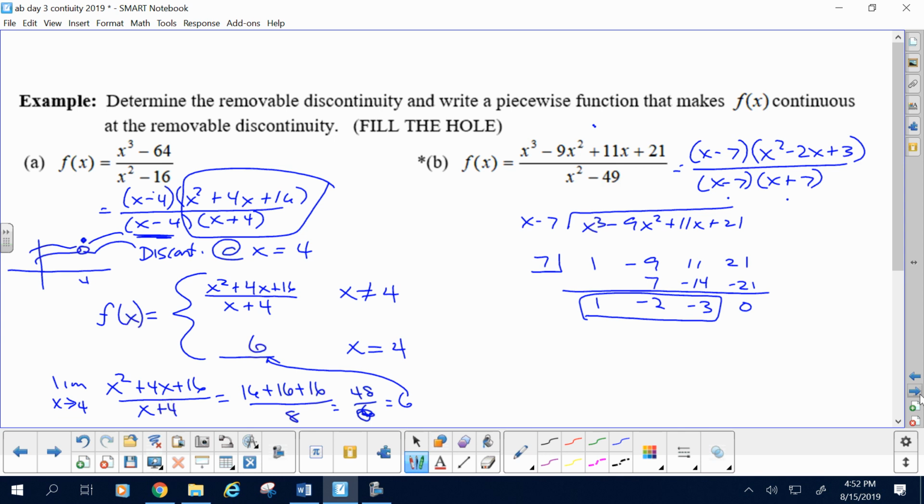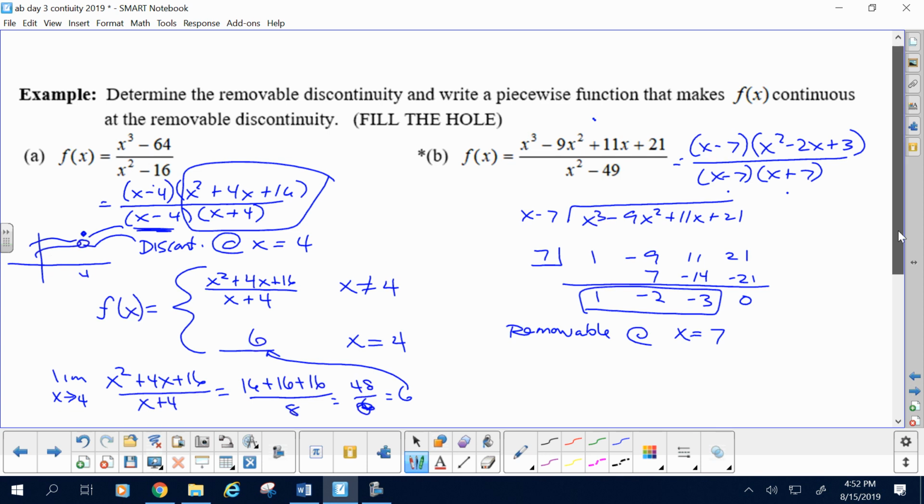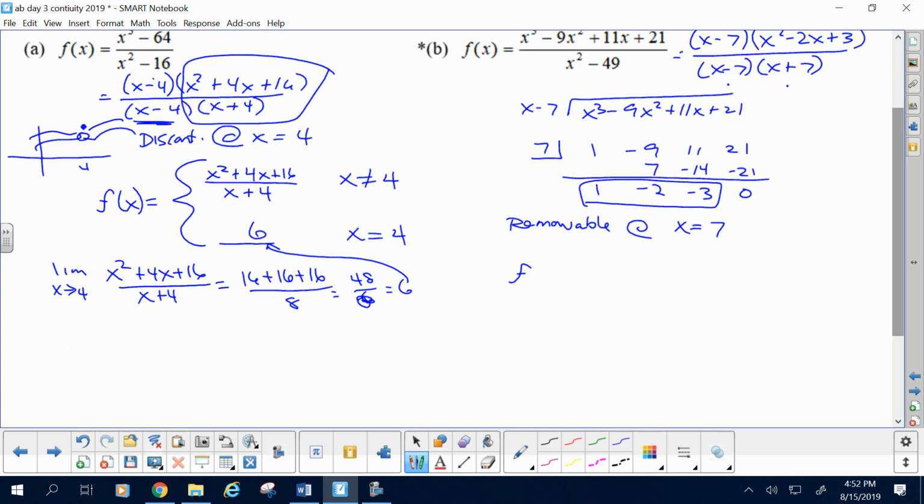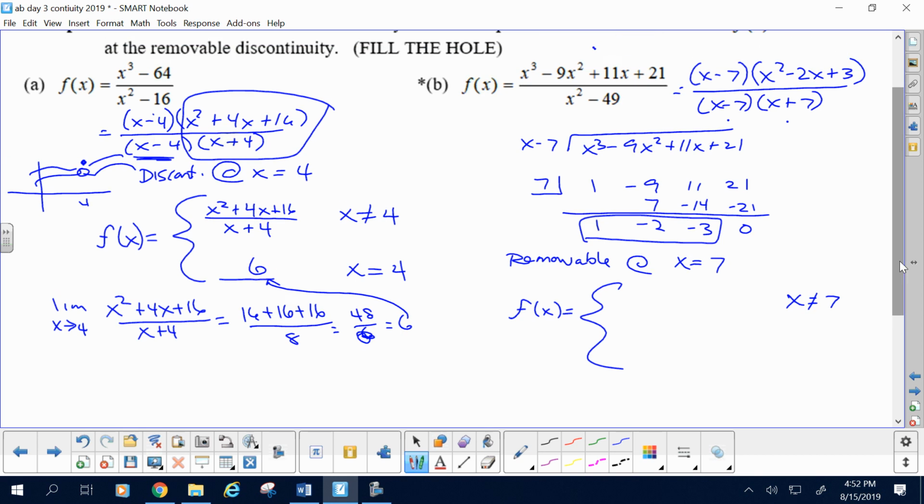Okay, so back to the question. It said, where's the removable discontinuity? You should be able to answer that. There's a removable discontinuity or a hole at x equals 7. In terms of filling the hole, making a piecewise function that fills the hole, at everything besides 7, x is not 7, it would just behave exactly the same as this.